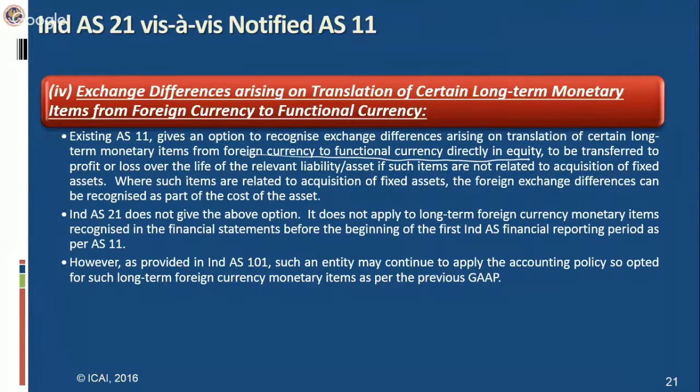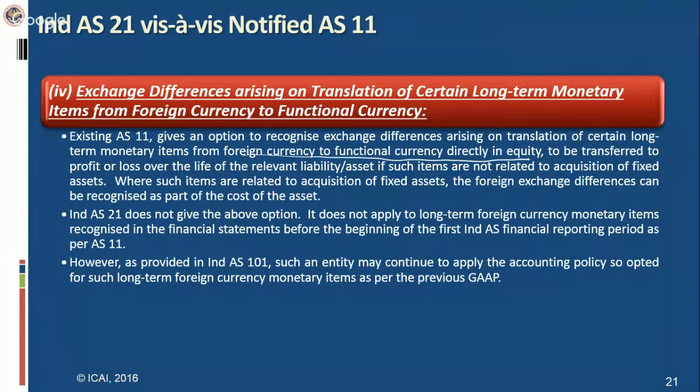This para gives the option to the entity to recognize it as profit or loss in the corresponding years, or to deduct the amount of difference from the cost of the depreciable fixed asset, either deduction or addition as the case may be.